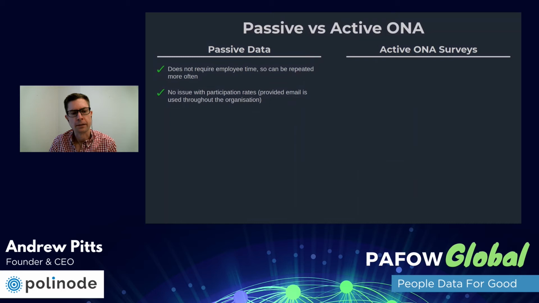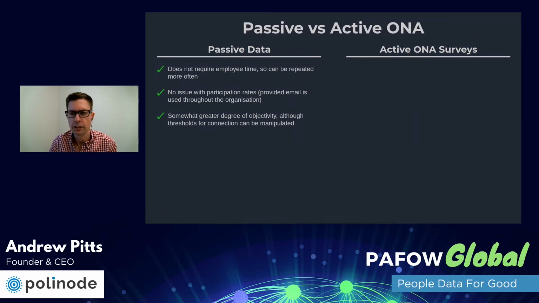There's no issue with participation rates. Most organizations will use email or enterprise social networks pretty much always, and so we get kind of full 100% coverage of respondents in most situations for the population. There's a somewhat greater degree of objectivity.